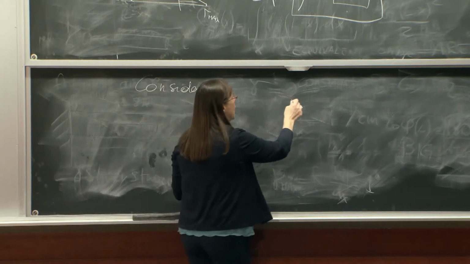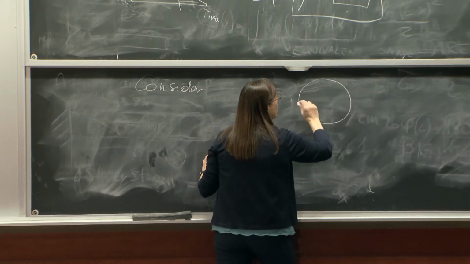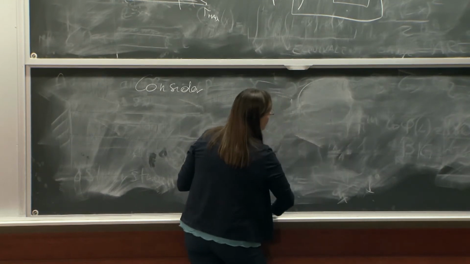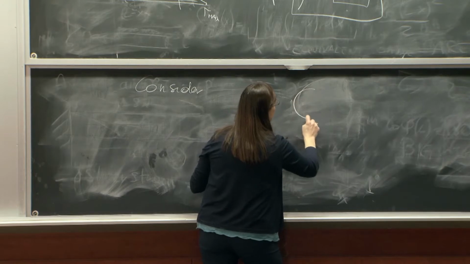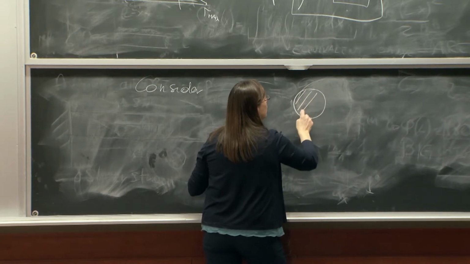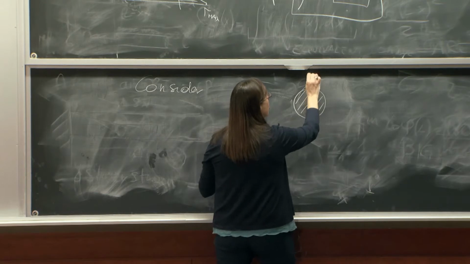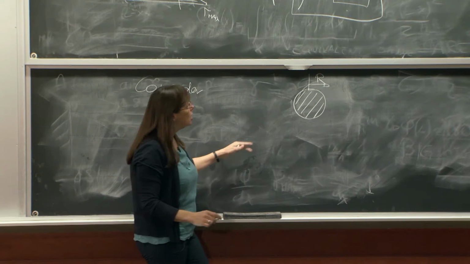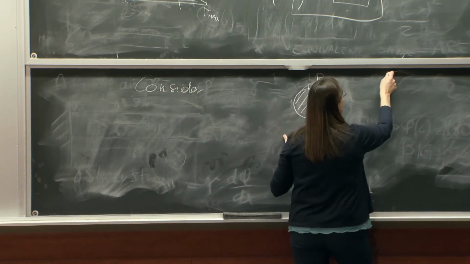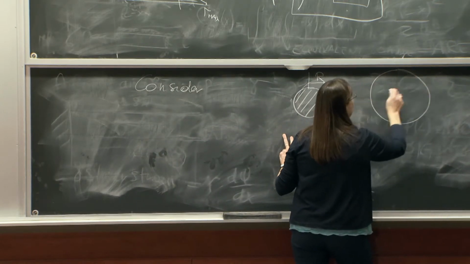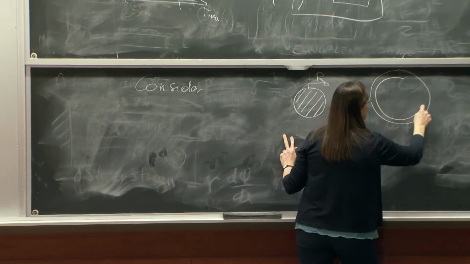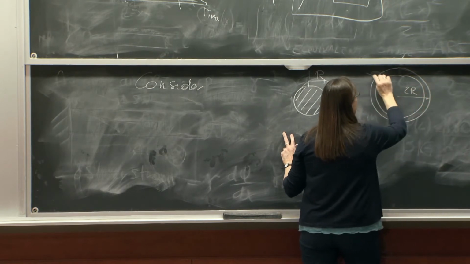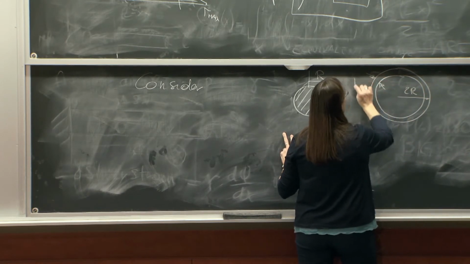To show you what I mean, consider the following two cross-sections. Actually, let me make it smaller here, otherwise I'll take the whole board. OK, I consider two cross-sections. The first cross-section is simply a solid shaft of radius r. But I also consider another cross-section which has a radius of 2r and a thickness r over 4.